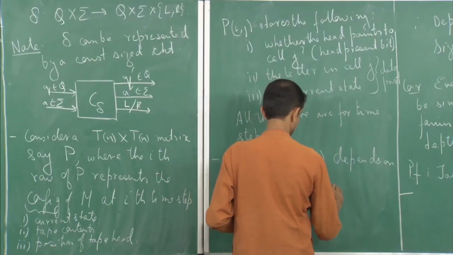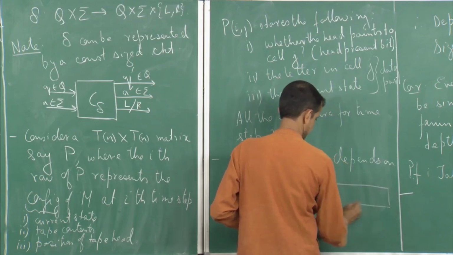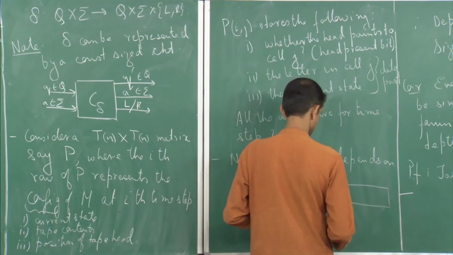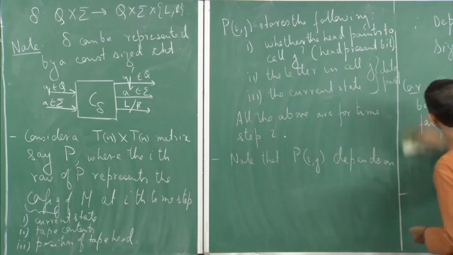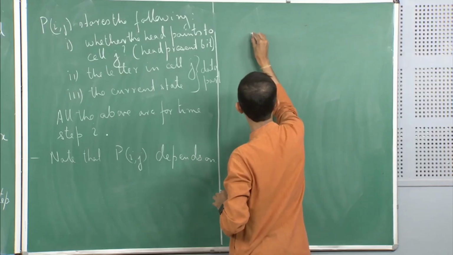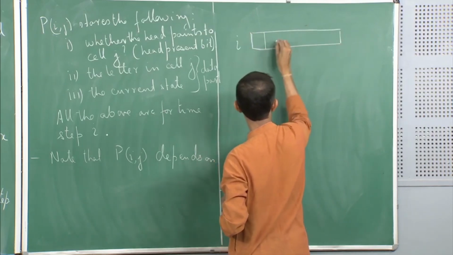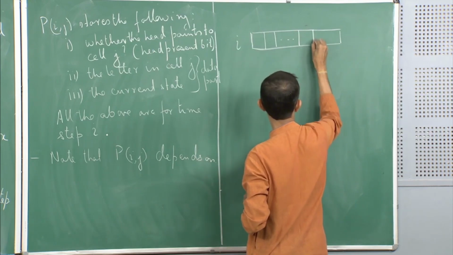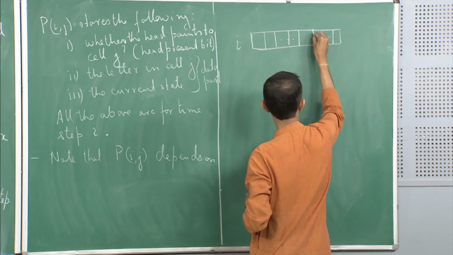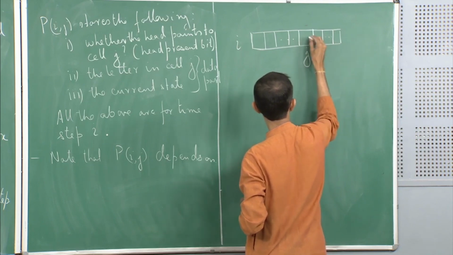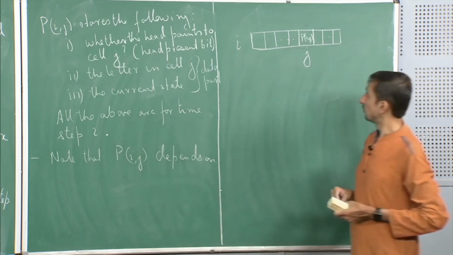So, if I kind of draw a picture, let us say that I have, so this is my ith row, let me draw it over here. Okay, and this is, let us say, my jth. So this is my Pij. What does it depend on?